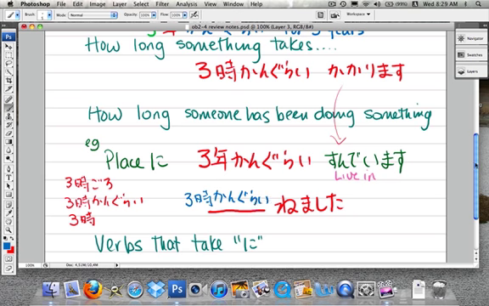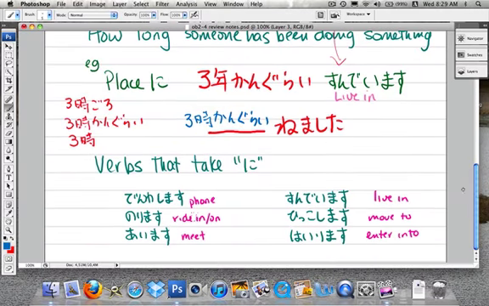This was also a good place in our book to review verbs that take ni. In other words, verbs that we might not think the signal should be ni, but it is. So we have a person, ni. I phone to a person. I have some kind of transport. There's my attempt at a car. Kuruma ni norimasu. We meet a person. Tom-kun ni aimasu.